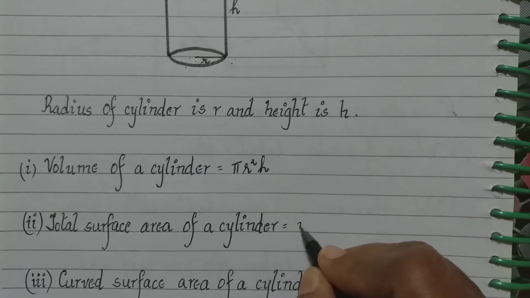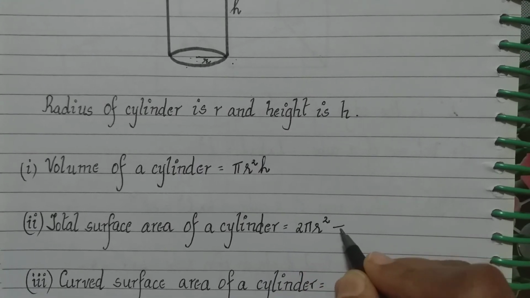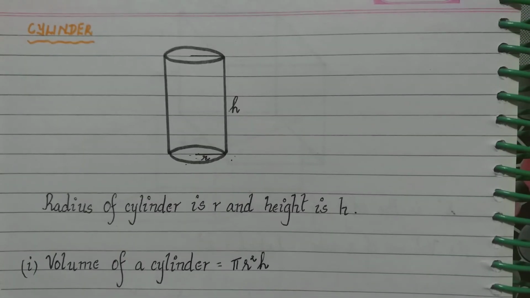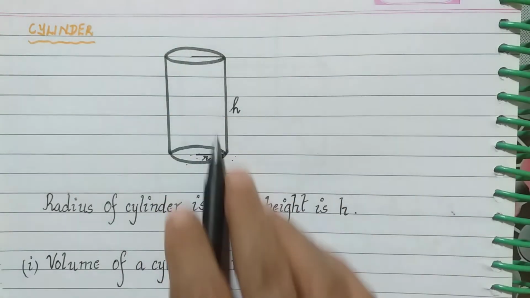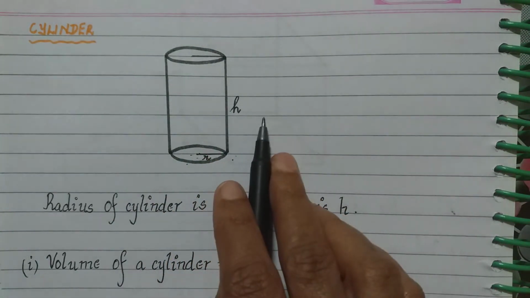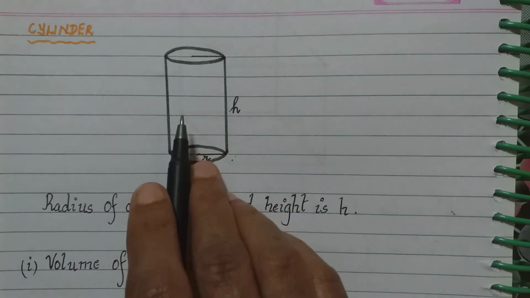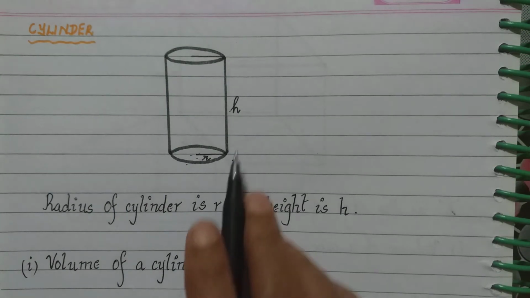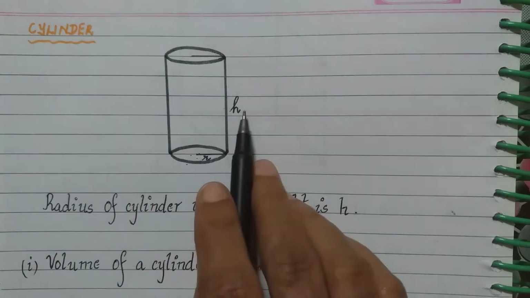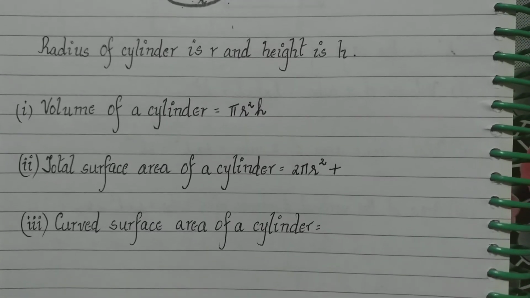So we can write here 2 pi r square plus, now we are talking about the area of the remaining part. The remaining part has a height of h, and the circumference of this is 2 pi r. So circumference into the height will be 2 pi r into h, which is 2 pi r h.